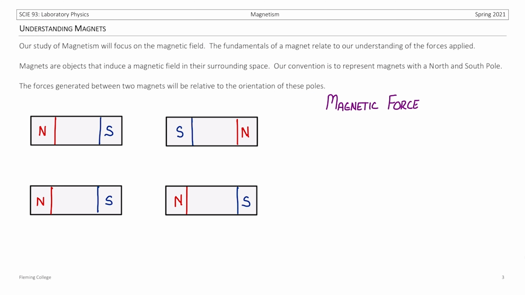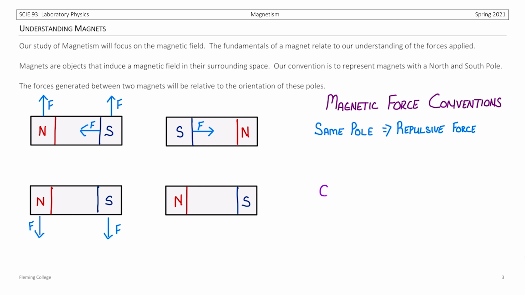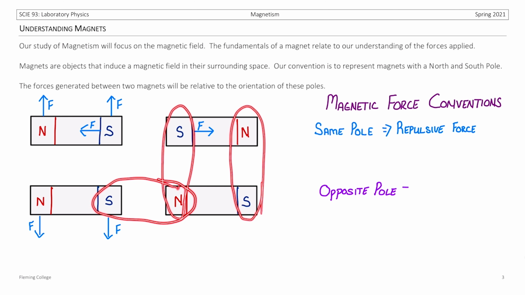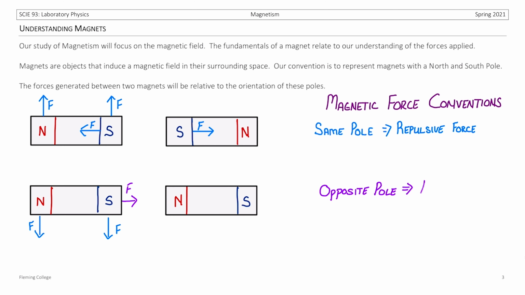Looking at the magnetic force conventions, anywhere we have the same pole in proximity to each other, so north close to north or south close to south, we'll experience a repulsive force. Anywhere that we have opposite poles in proximity to each other, so a north close to a south, we'll experience an attractive force.